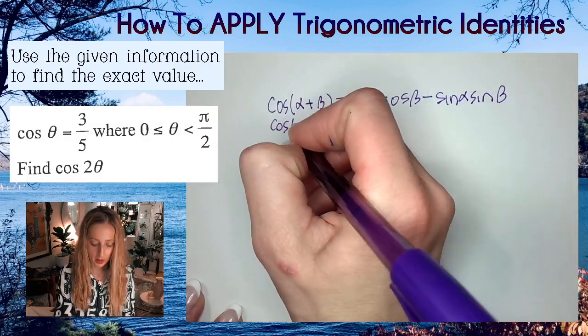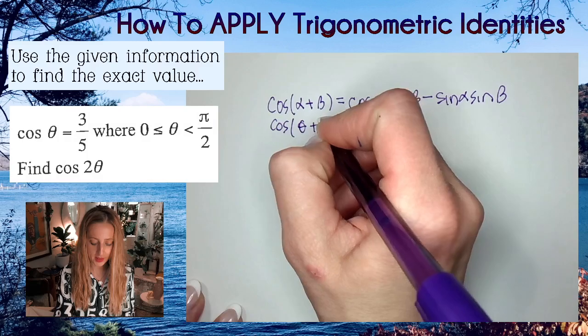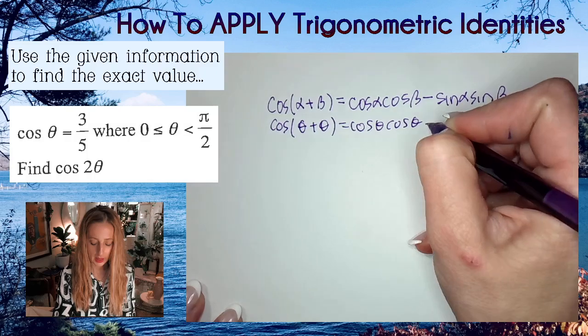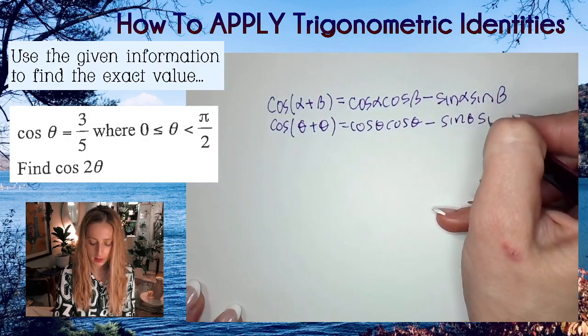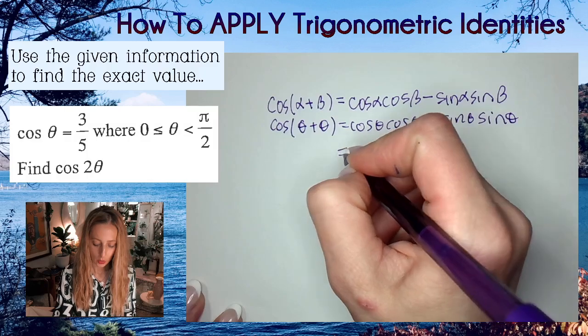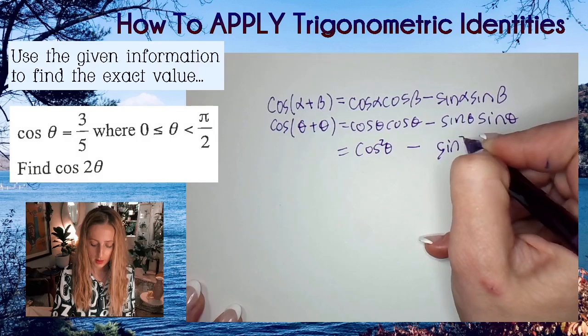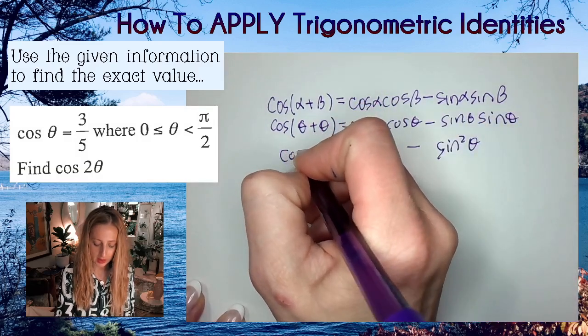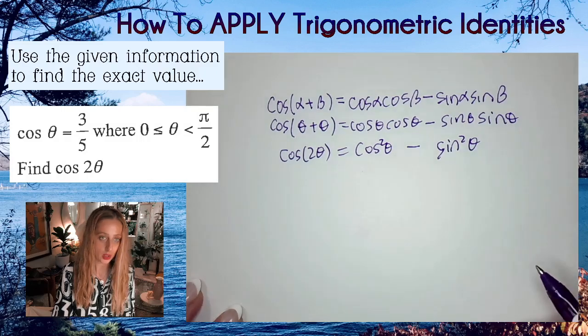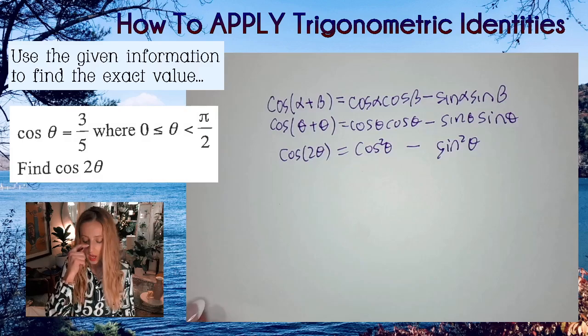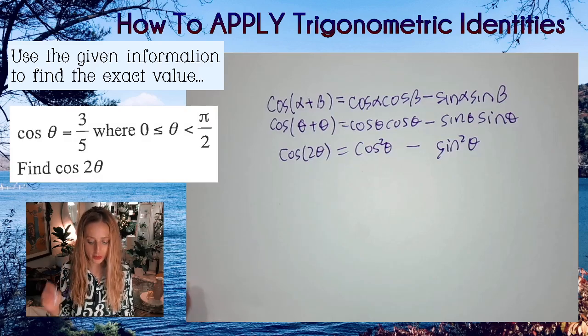If I use for my two angles theta plus theta, that means you'll have cosine theta cosine theta minus sine theta sine theta, which is cosine squared theta minus sine squared theta, and that right there is technically cosine 2 theta, which we also know as the double angle situation. This is one iteration of the double angle identity for cosine.